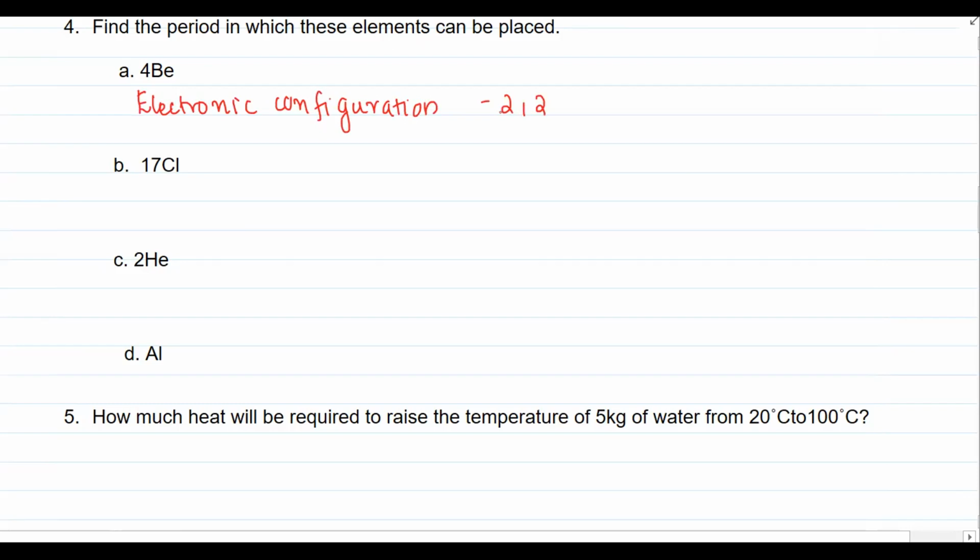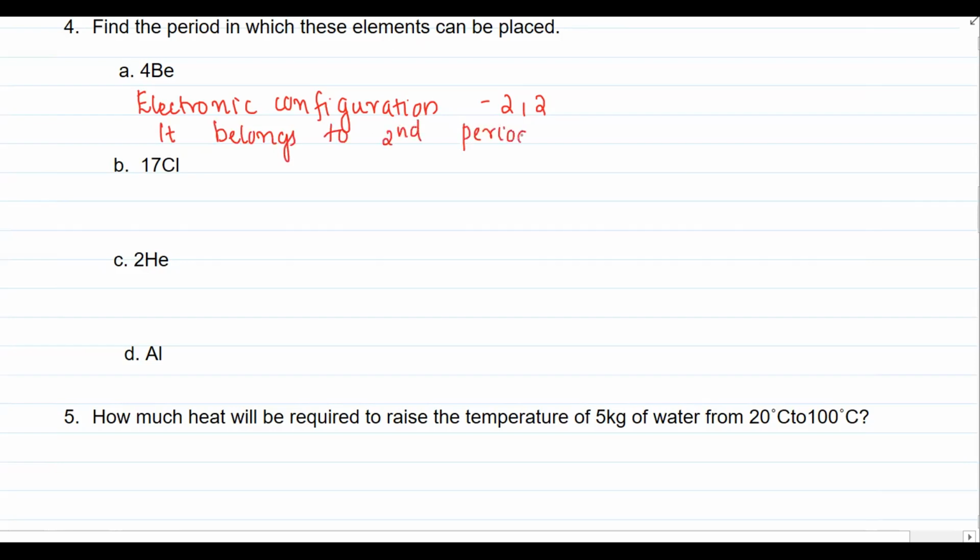K shell contains 2 electrons and L shell 2. So it consists of 2 shells. The shell number shows the period in which it belongs. Since it consists of 2 shells, it belongs to period 2, the second period.